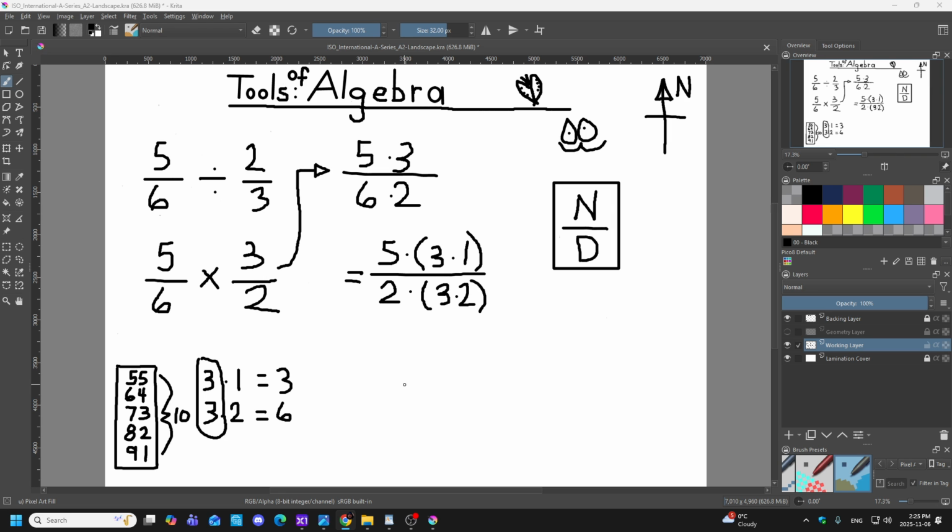Okay. So this is great. This is called factoring. And now we have 2 numbers that are common that we could divide each other by. Essentially, that's what we're doing. So the 3's become canceled and become 1. That's exactly what's happening.